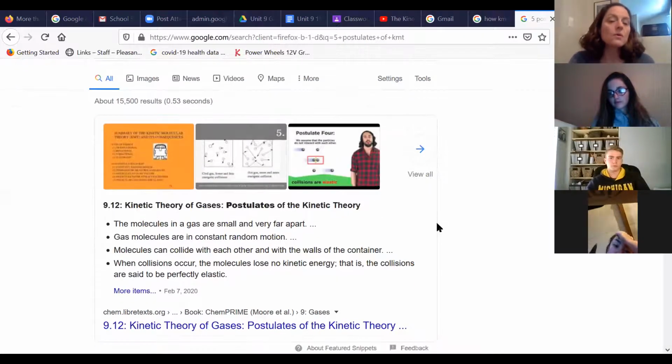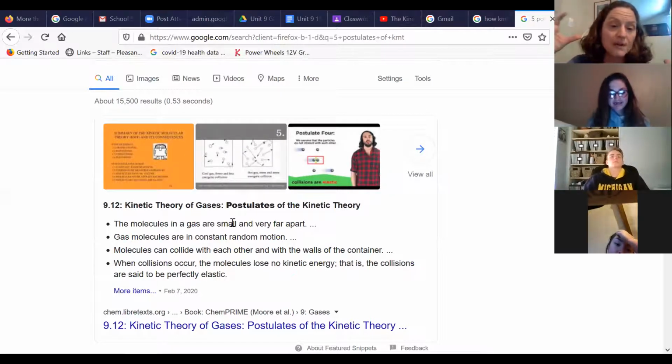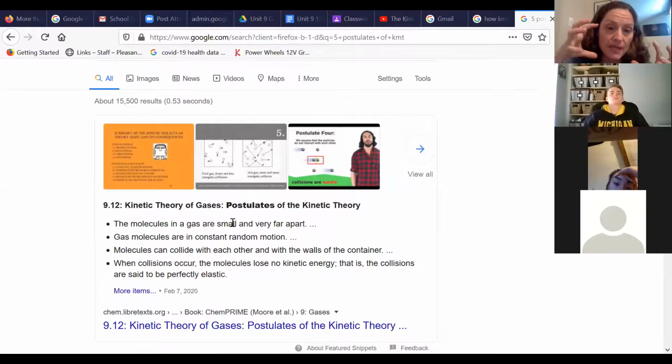Okay, so in kinetic theory of gases, the kinetic molecular theory as it applies to gases, the molecules are really small and really far apart, and that matters for defining how a gas behaves. Gases, since they're so far apart, are constantly in random motion.